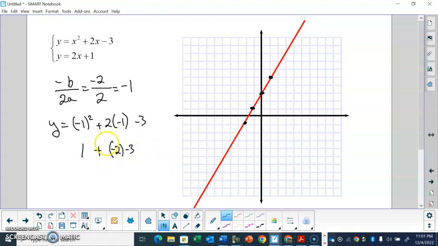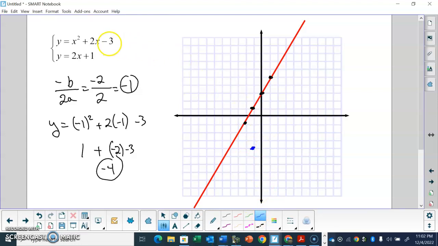So this is negative 5 plus 1. So we're at negative 4 for my other value. So negative 1, negative 4 is the vertex. So negative 1, and then we go down 1, 2, 3, 4. And that's the first point on our parabola.